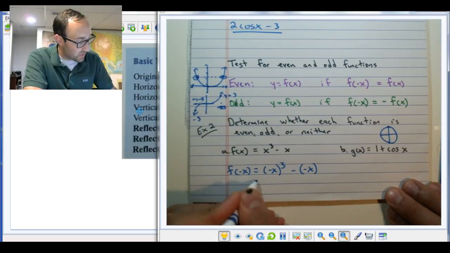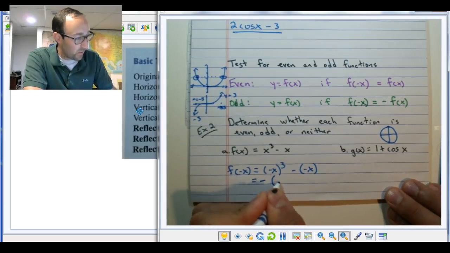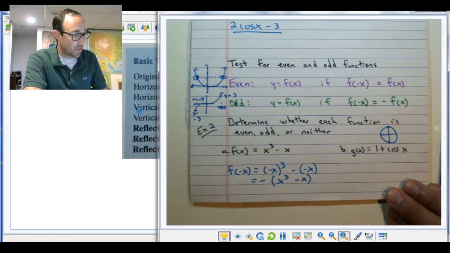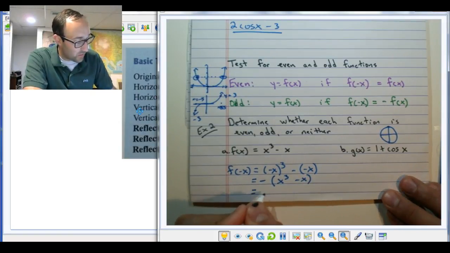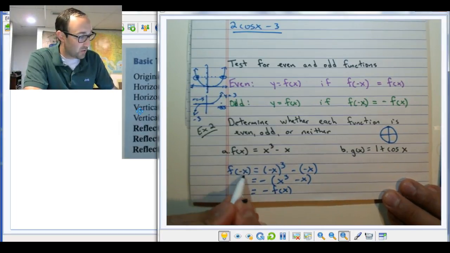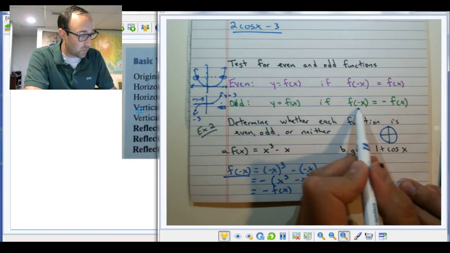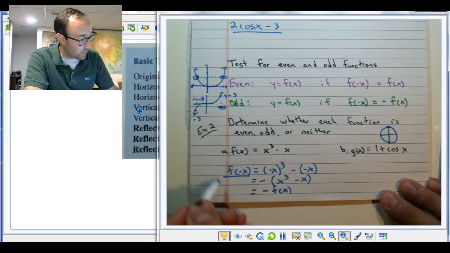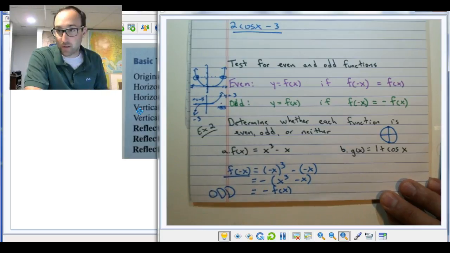Sure. So this is going to be negative x cubed minus x. And isn't that just the same as negative f of x? Which means f of negative x equals negative f of x. So this one is an odd function.